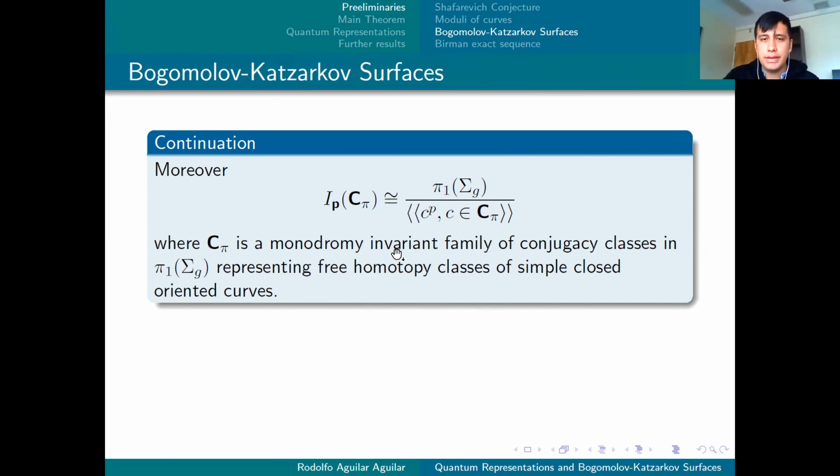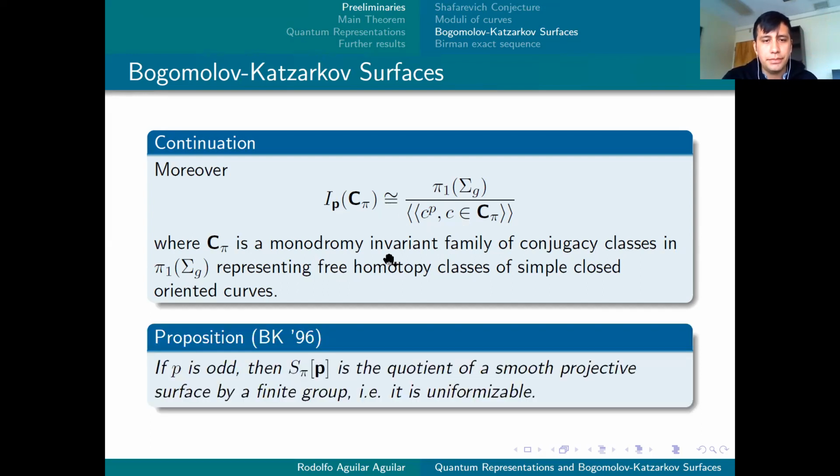So you see, we have seen a kind of related construction in the mapping class group, some elements to the power P. And here we see again this kind of construction for some very special family.